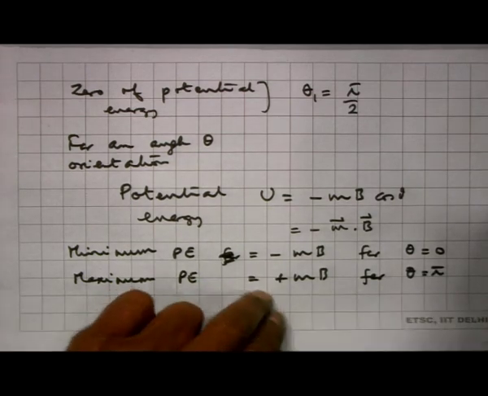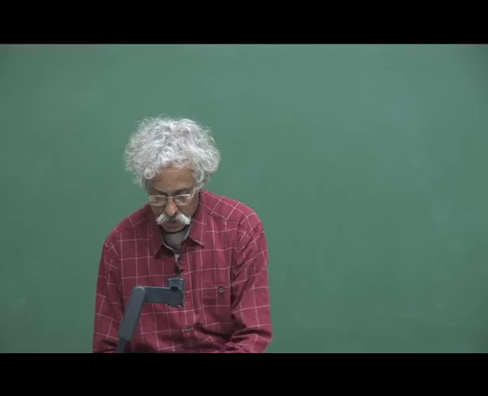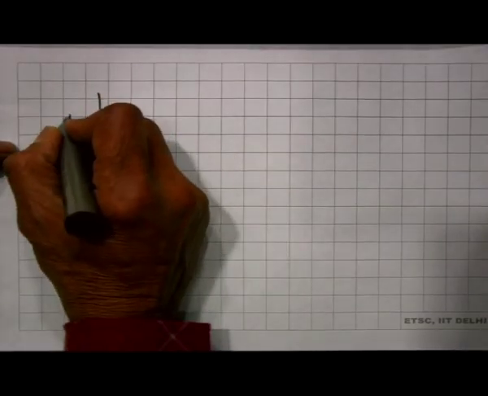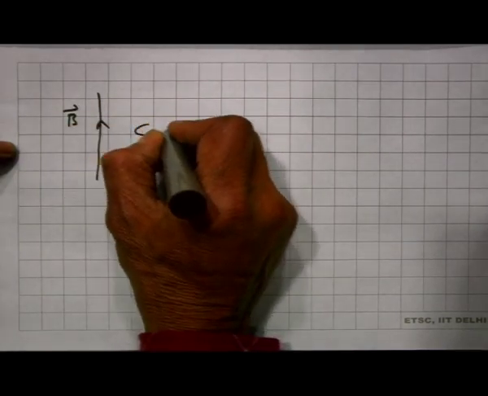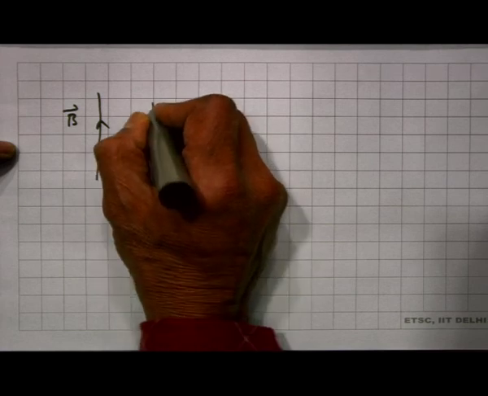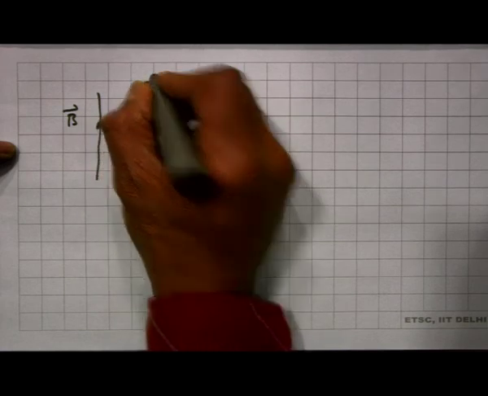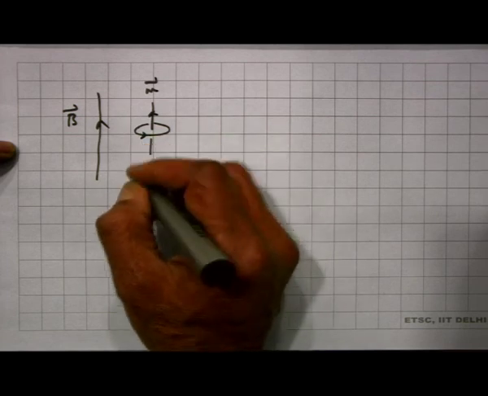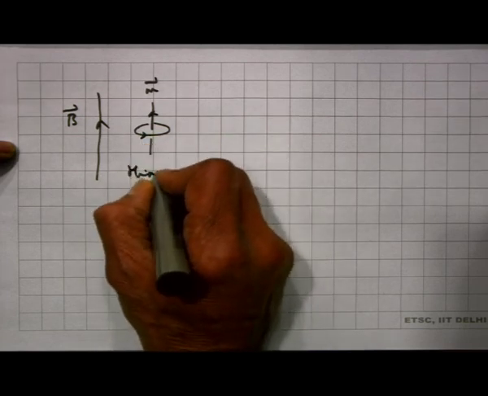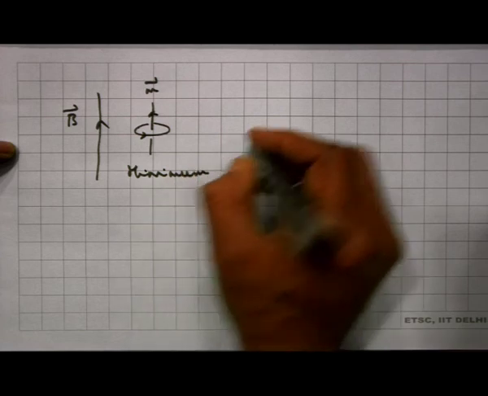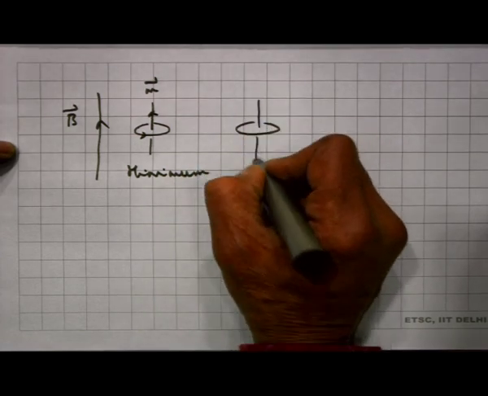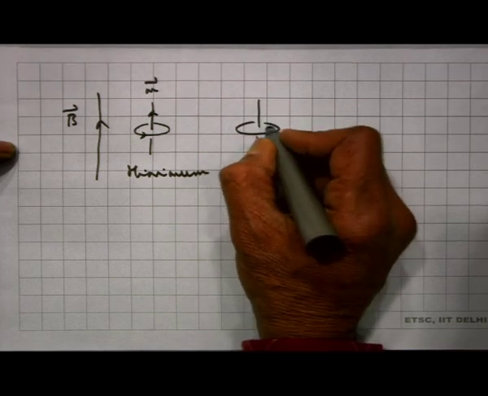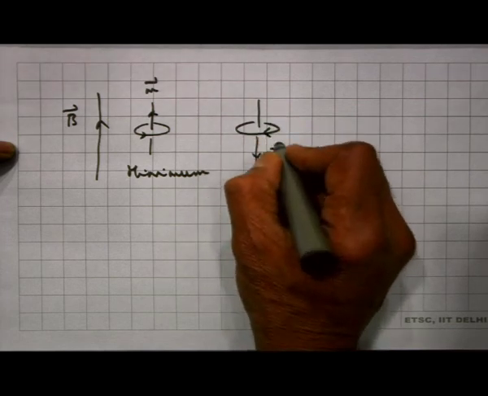So, let me draw a figure here to show you. If I have a magnetic field pointing up, and you have a dipole like this, with current flowing like this, then it is minimum, and if I have current flowing in the opposite direction with m like this, it is maximum.